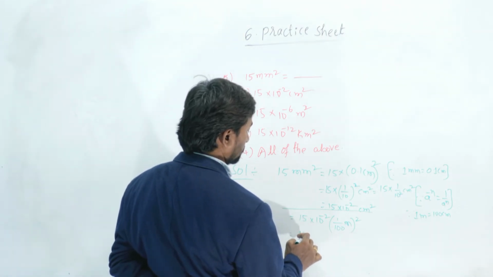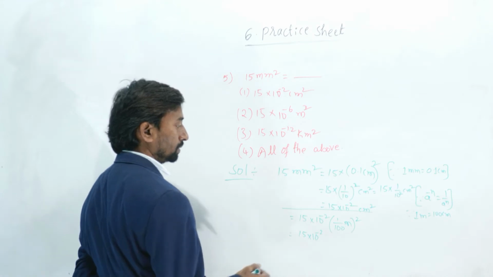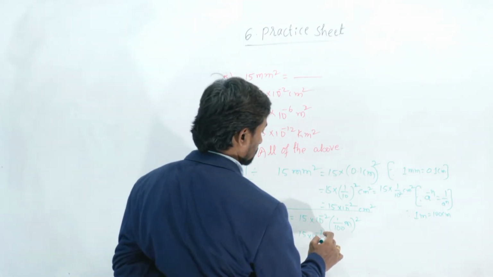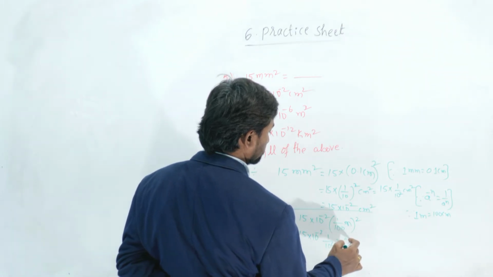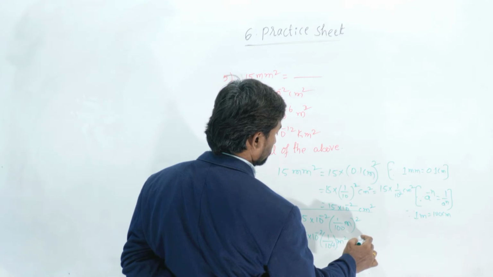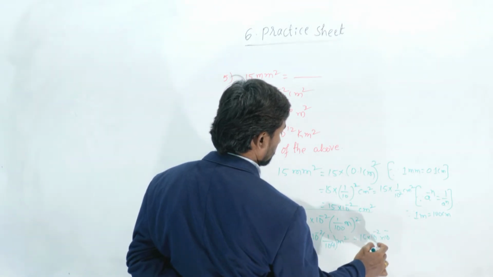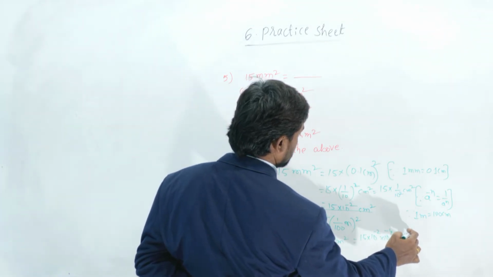We get 15 into 10 to the power of minus 2, and 100 whole square means 10 to the power of minus 4 will come. Sending this to the numerator, we get 15 into 10 to the power of minus 2 into 10 to the power of minus 4. So we get 15 into 10 to the power of minus 6 meter square.